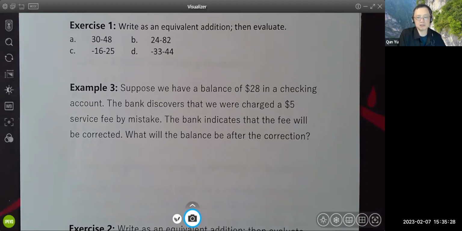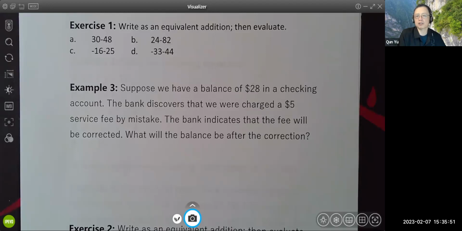Any charge is a negative number, like when you charge your credit card. The bank indicates that the fee will be corrected. That means they're going to credit your checking account with $5. In other words, they're going to refund you $5. What will the balance be after the correction?